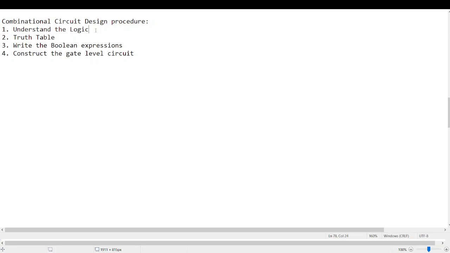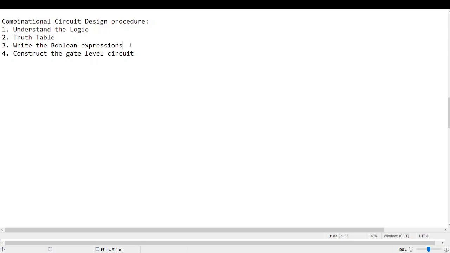This kind of truth table is nothing but the table representing the functionality of the circuit which we are going to implement. This is the second step.